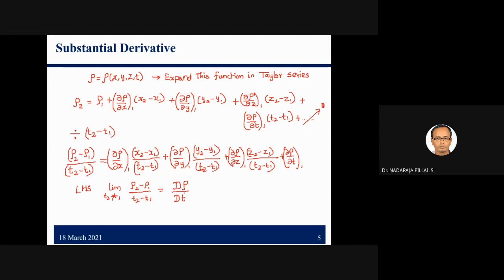So this D rho by Dt is the symbol for the instantaneous time rate of change of density of the fluid element as it moves through the point 1, right? As it moves through the point 1. So we call this symbol of D by Dt as the substantial derivative.